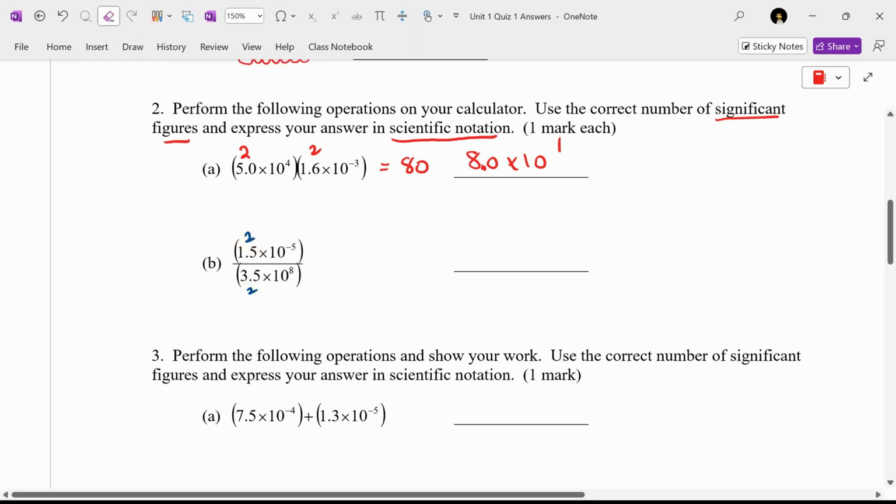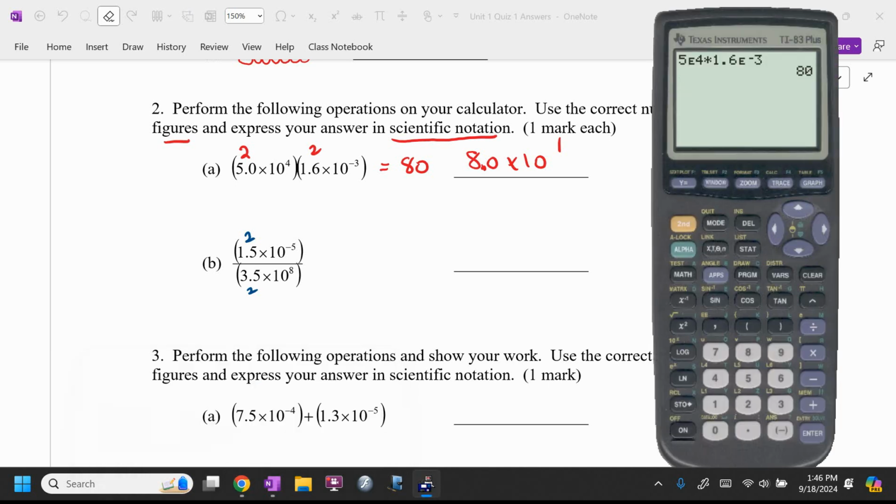Two sig figs, 2 sig figs. I'm going to go to 2 sig figs. 1.5, well, not 0.5, Mr. Dueck. 1.5 scientific notation button negative 5 divided by 3.5 scientific notation button 8. Mr. Dueck, what jazz? Don't you need to put the top in brackets and the bottom in brackets?